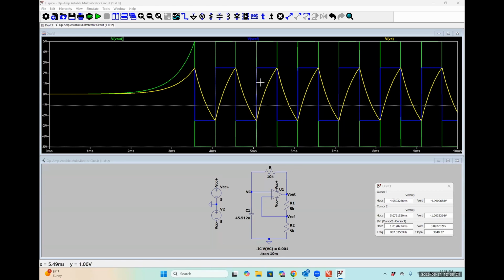Then I have my marker 2 set at the next succeeding positive peak, occurring at 5.072 milliseconds. If I take the difference of those, I'm getting 1.01 milliseconds, which is happening because I have some rounding error from only putting my capacitor out to 3 digits.